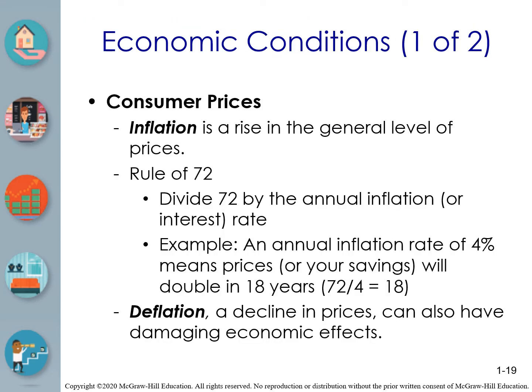First, we're looking at consumer prices. Inflation, again, we said this before, is the rise in the general level of prices. The rule of 72, it's interesting that it's introduced here, but this is my favorite. It's either the rule of 72 or the rule of 70. You divide 72 by the annual inflation rate. An annual inflation rate of 4% means that 72 divided by 4 is 18.